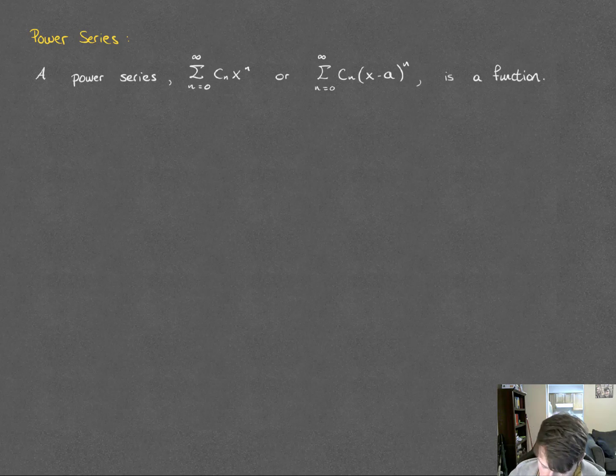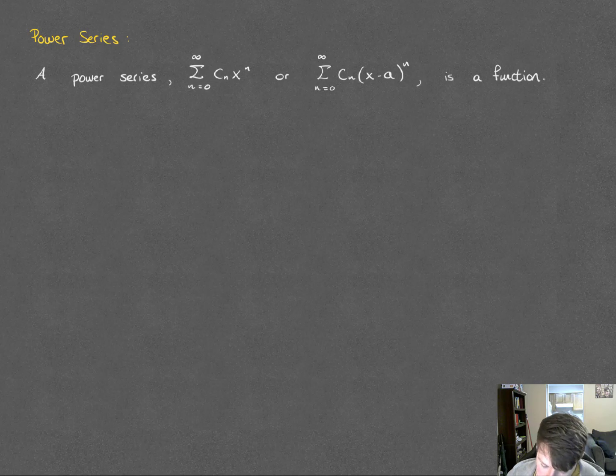A power series, the sum from n equals 0 to infinity of c_n x^n, or the sum from n equals 0 to infinity of c_n (x minus a)^n, is a function. And here the c_n's are constants called the coefficients of the series, so c_n might be 1 over n. x is a variable and a is a fixed number, and this is called the center of the power series.